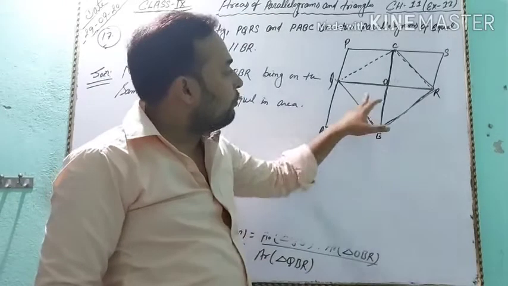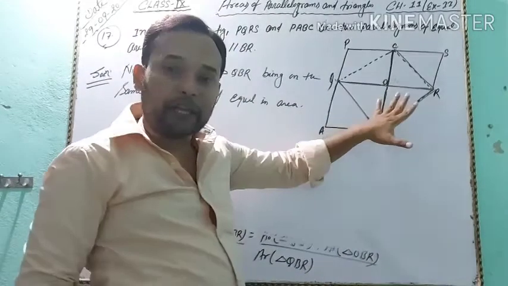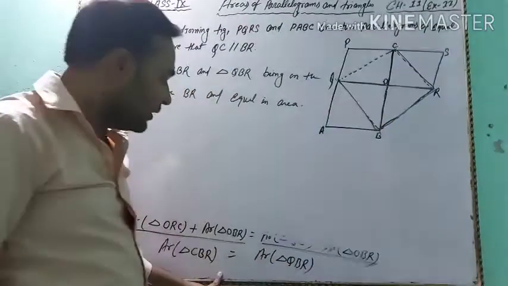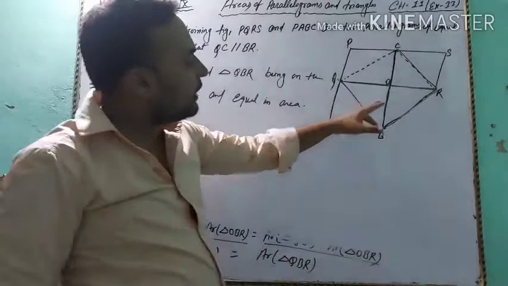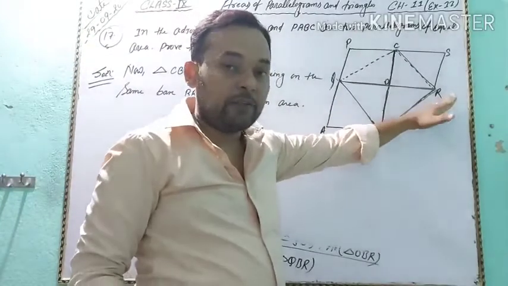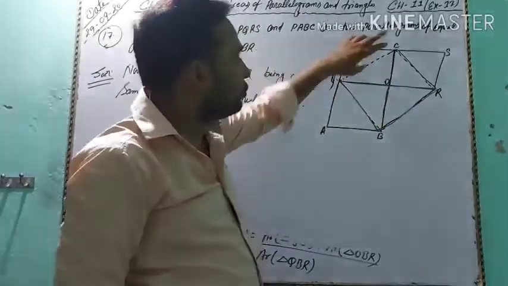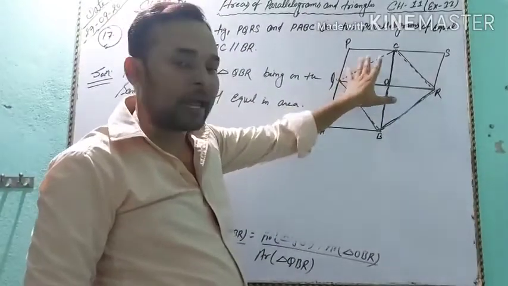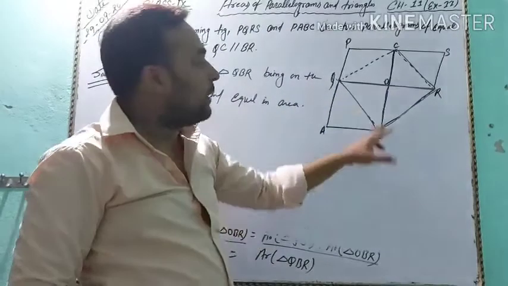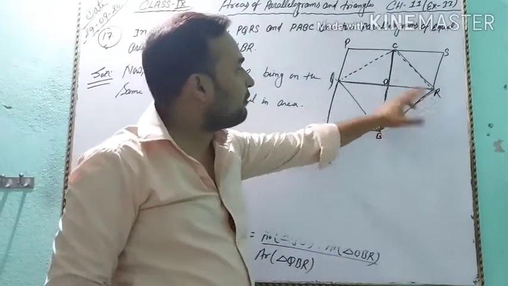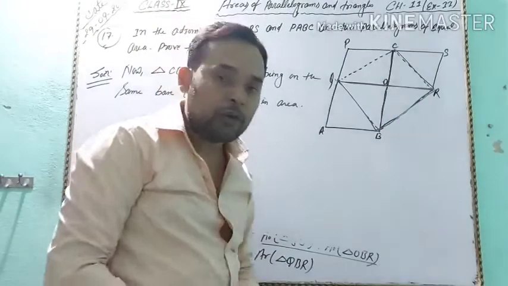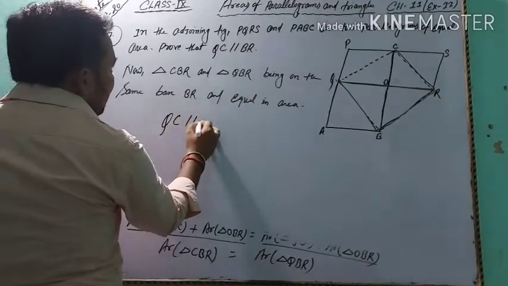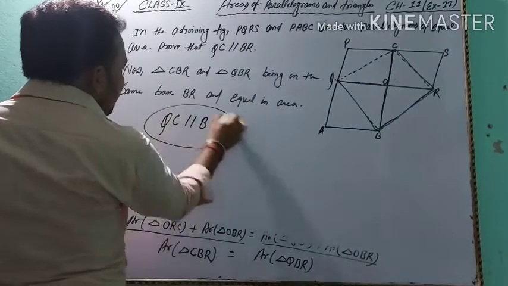Both triangles are equal in area, this is given, and both triangles lie on the same base BR. Then we say that BR is parallel to QC, because two triangles will be equal in area only if they lie on the same base and between the same parallel lines. Now both areas are equal and they are on the same base, which means QC is parallel to BR. Then we write that QC is parallel to BR.